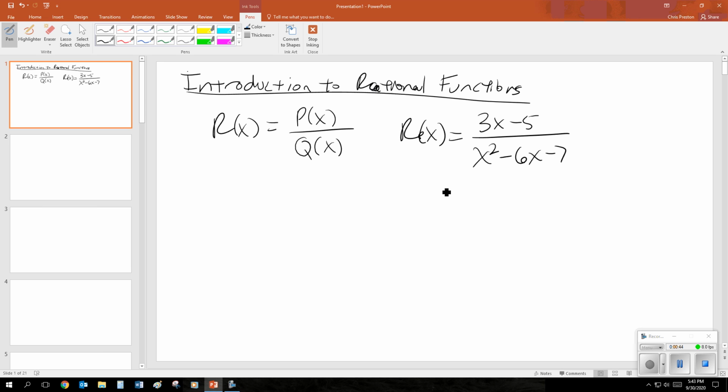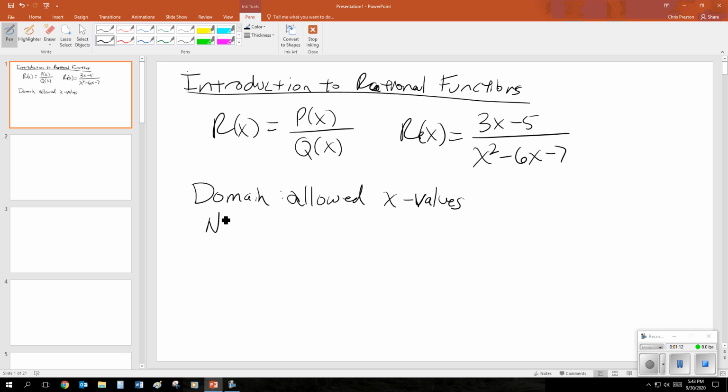And one of the things we're going to look at here is the domain of rational functions. Domain is the allowed x values. So what x values are you allowed to use with this function? Which numbers are you allowed to plug in and calculate things? The default assumption is all real numbers.